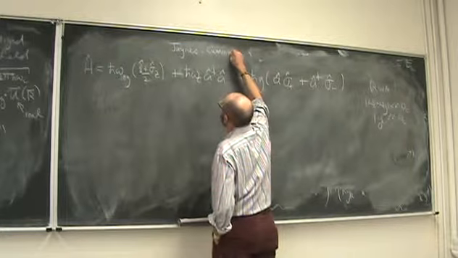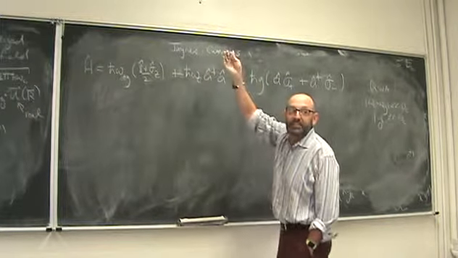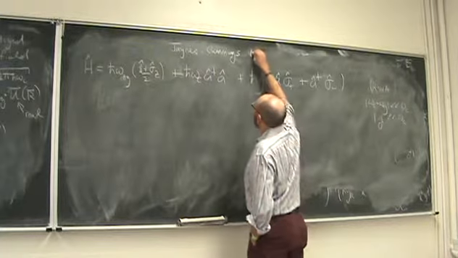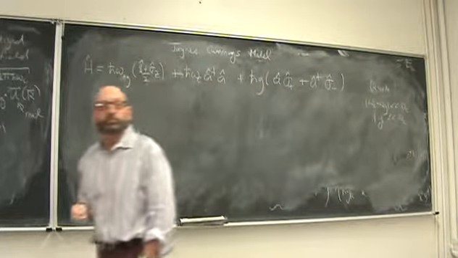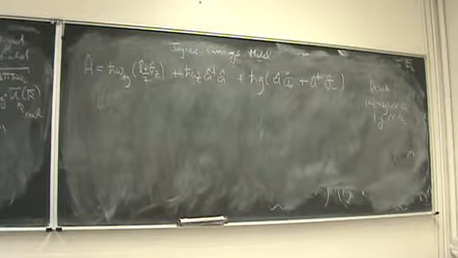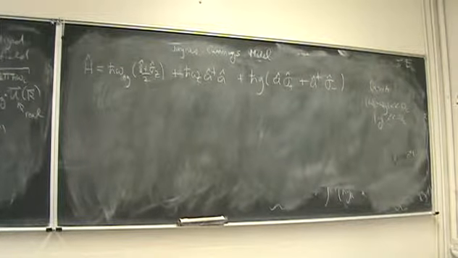Jaynes and Cummings wrote this down back in the 1960s, I think. And it's one we can solve exactly. Yeah? The a's and the sigmas are acting on different things.